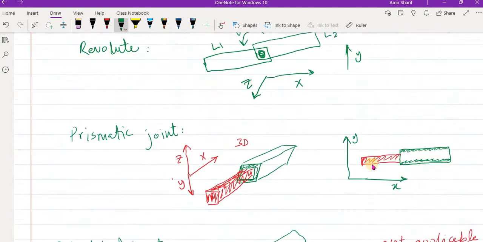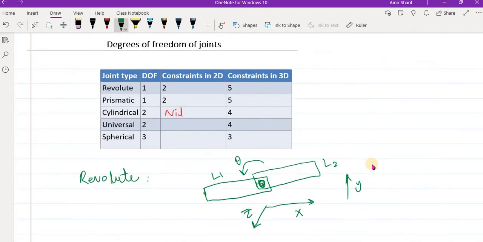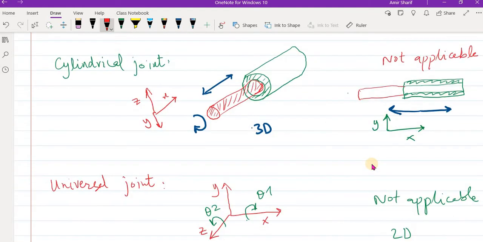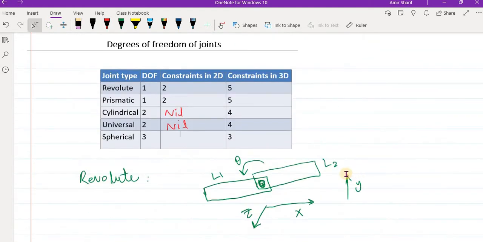So we can write down here, for the universal joint, the constraint doesn't exist, because the universal joint cannot exist in 2D.